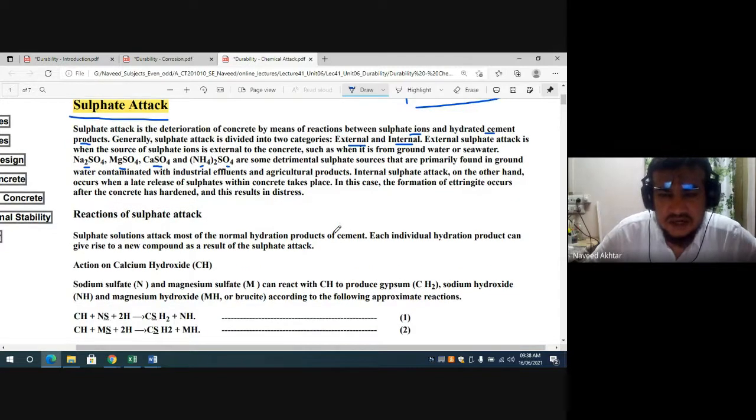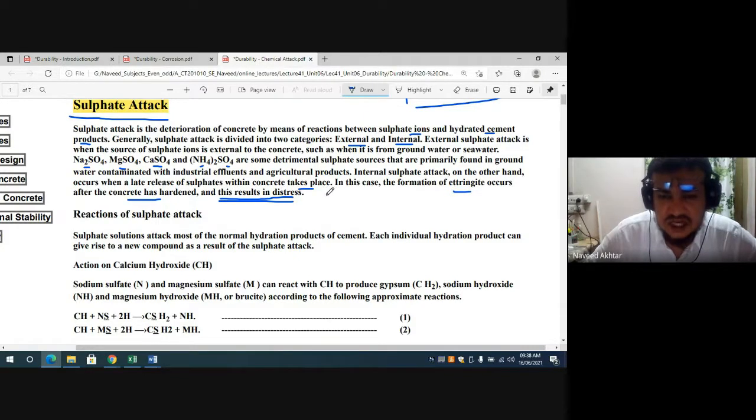An internal sulfate attack, on the other hand, occurs when a late release of sulfate within the concrete takes place. In this case, the formation of ettringite occurs after the concrete has hardened and this results in distress. So internal sulfate attack is the sulfate present inside that will be released within the concrete.